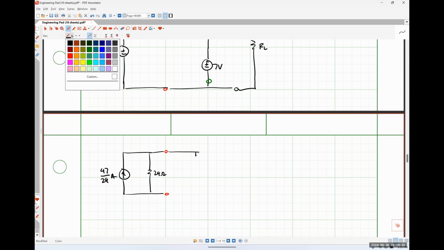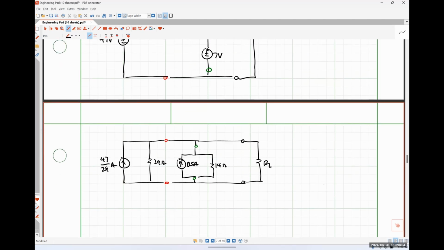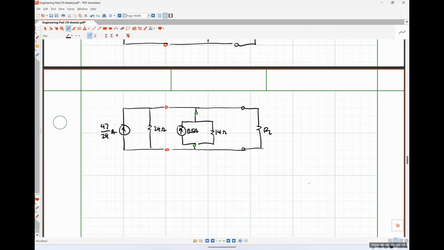Between my green terminals, we are going to have 7/14, which is just half an amp, in parallel with 14. Here is our resistance RL. And now I can see that I just have 2 current sources in parallel and 2 resistances in parallel.